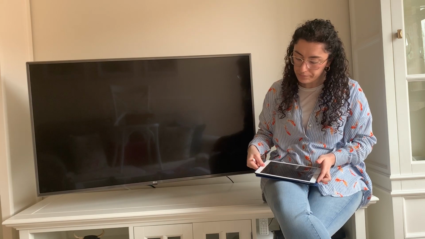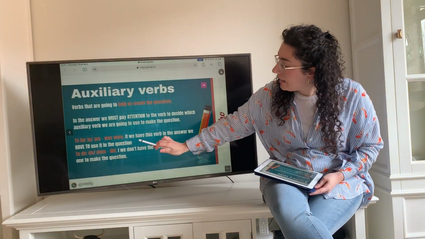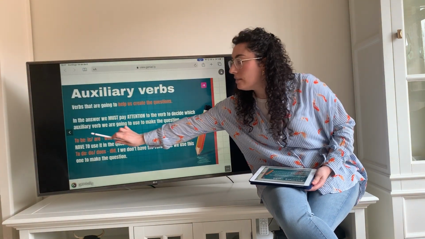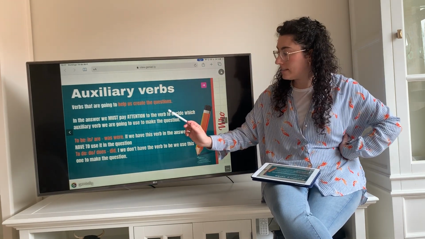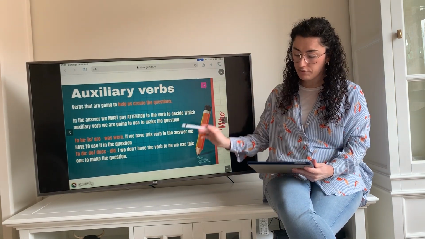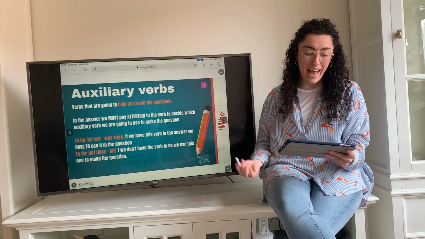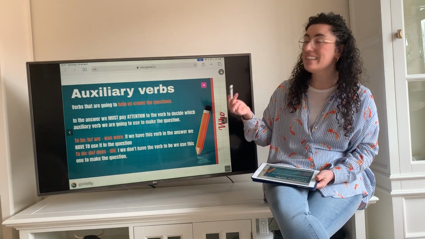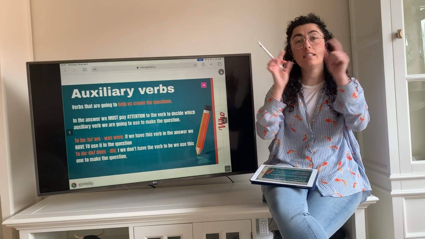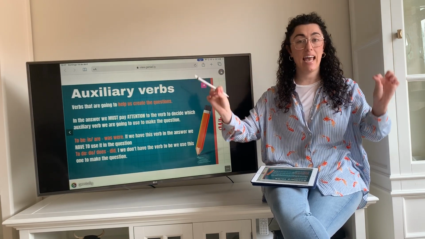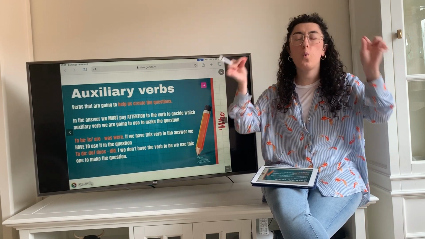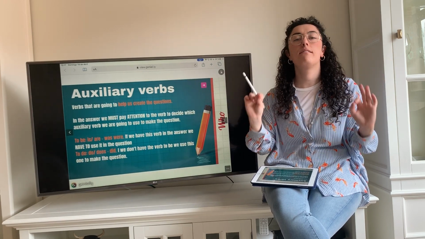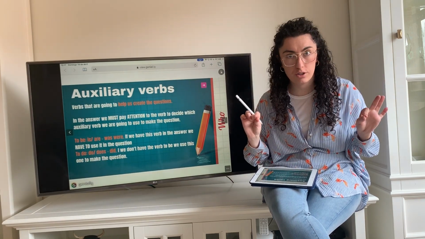Brilliant. So, it says, if the verb to be is or are, was or were, in the answer, we have to use it in the question. So, if we see the answer, and the answer contains the verb to be, we must use the verb to be in the question.